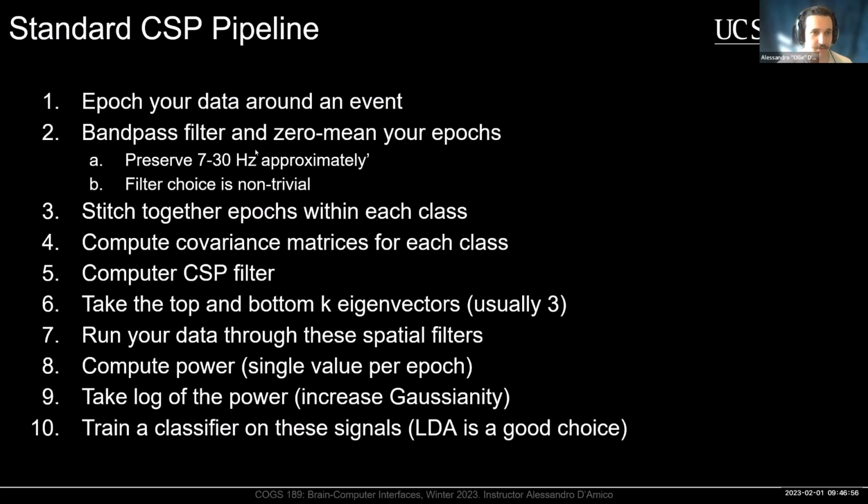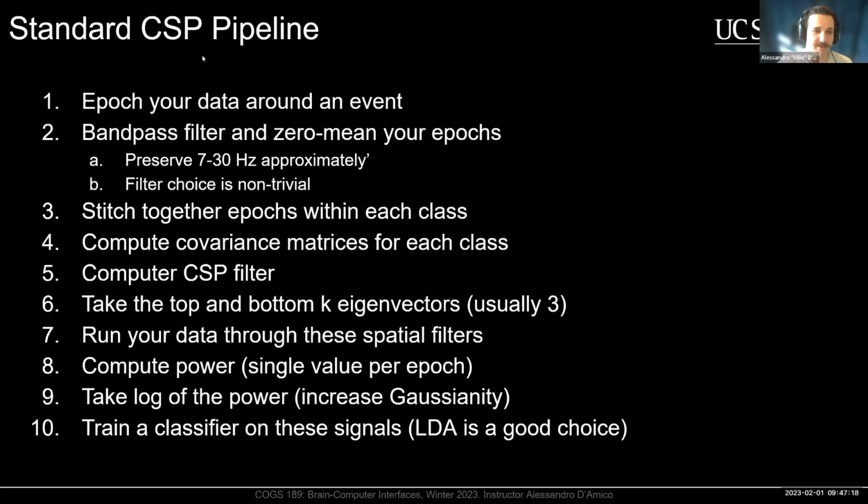So as an overview of the standard CSP pipeline, we'd epoch our data around an event. This is going to be the norm. This is assuming we're doing a synchronous BCI, which again means that we know when these events are going to occur. Which is a much easier problem than an asynchronous BCI, which is constantly looking for a control signal.